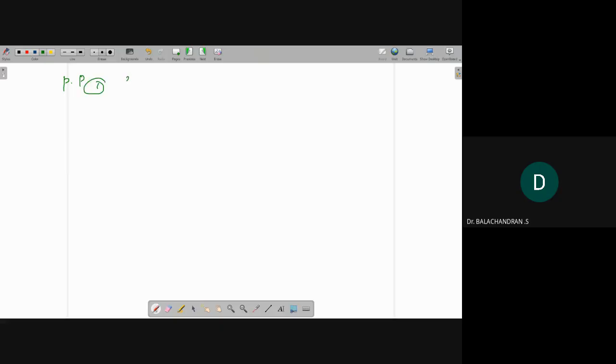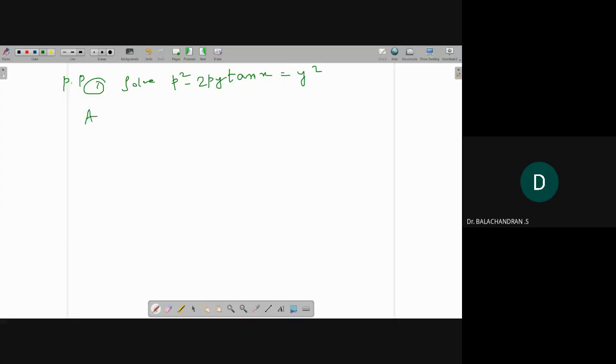Solve p square minus 2py tan x equal to y square.